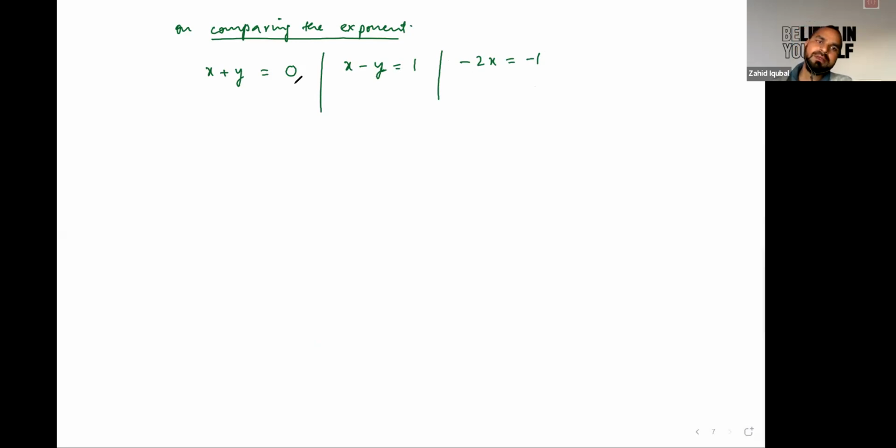Hamza, we have to solve value of x and y. So this minus and this minus will cancel out. So you'll get x is equal to plus half. If you substitute in first expression, y is minus of x, so it will become minus half. Hamza, is it clear?